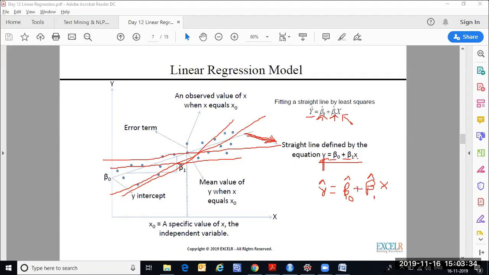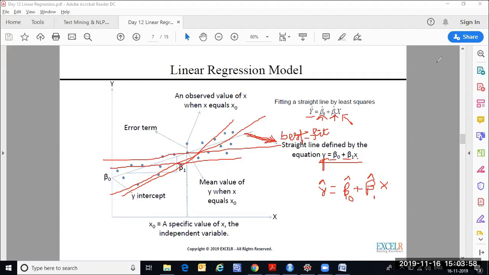That line will be selected as the best fit line. Whichever is selected is called the best fit line. Okay.